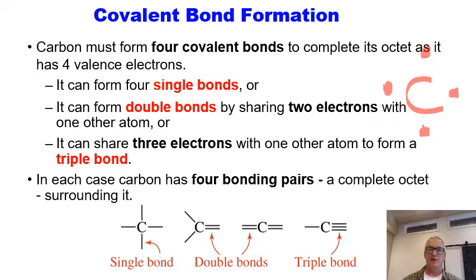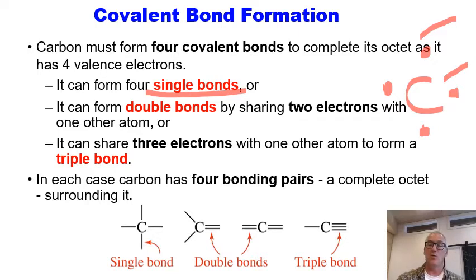All of them. So how many bonds does it make? Same number as it has unpaired electrons. 4. So it can do it in a variety of different ways. It can form 4 single bonds if it shares each electron with an adjacent atom. Or it can share 2 electrons with an adjacent atom, and if it shares a pair of electrons, that's a double bond.